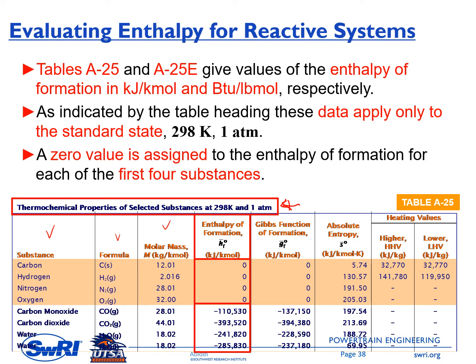So a stable element at reference state has a 0 enthalpy of formation. Therefore, here carbon C has 0, hydrogen also has 0, and then nitrogen and oxygen. Okay, and then the next one, carbon monoxide, CO. Carbon monoxide has an enthalpy of formation of minus 110,530.